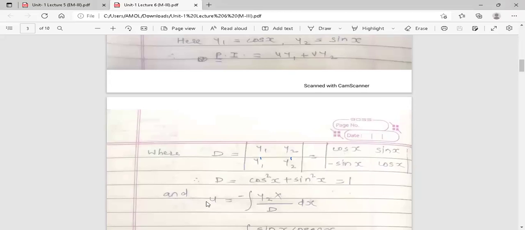And so u is equal to... the formula to find u is minus the integration of y2 X upon D dx. Now what is y2?